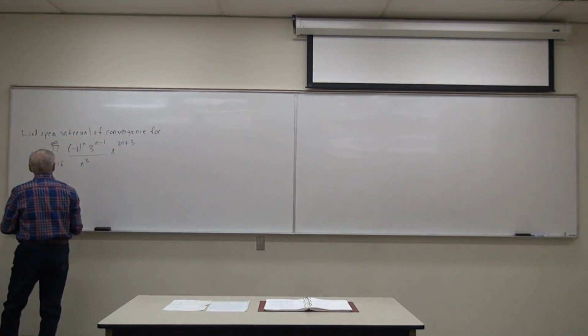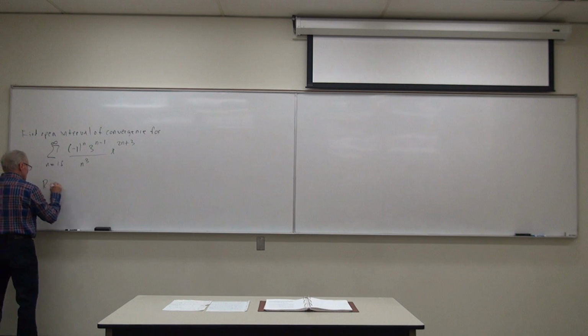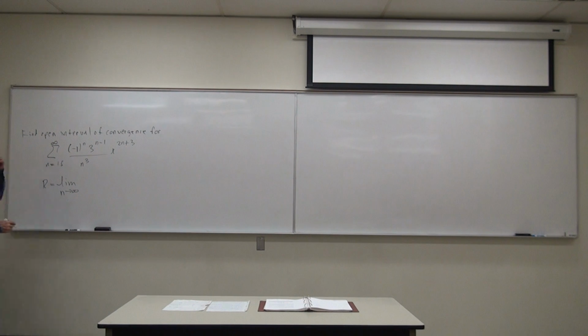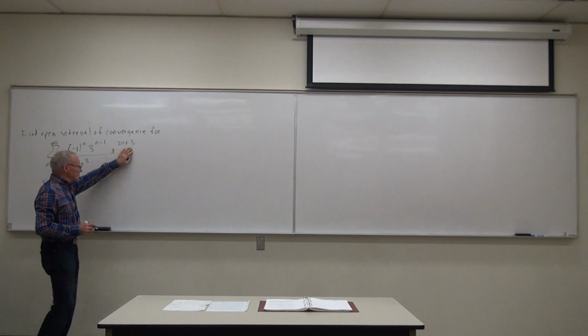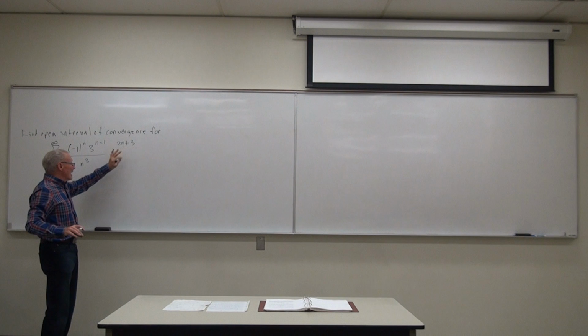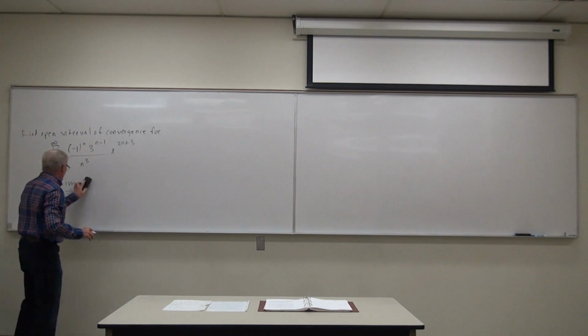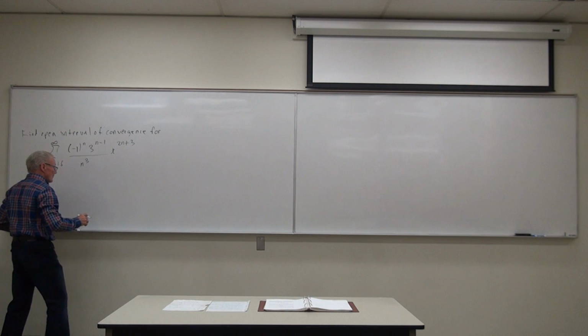Well, we had 2 formulas, and I told you I always like this one better: the limit, to get the radius of convergence. The fact that we got 2n plus 3 here is much like that example I did last day. I can't use my R formula right away. I've got to get rid of this 2n plus 3.